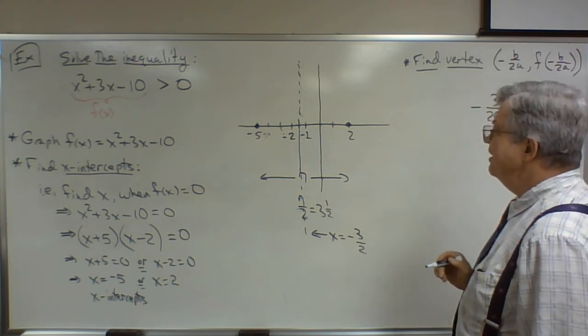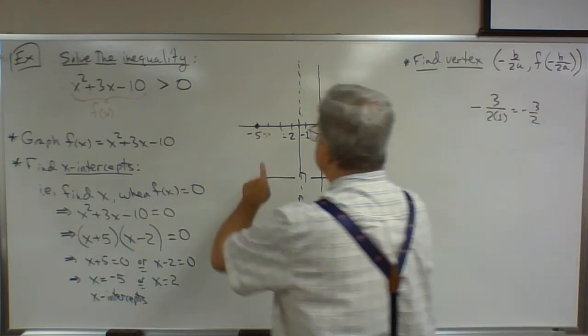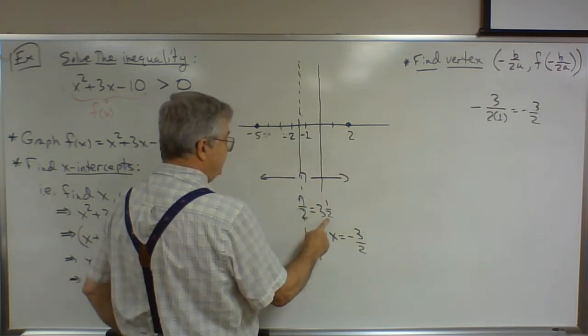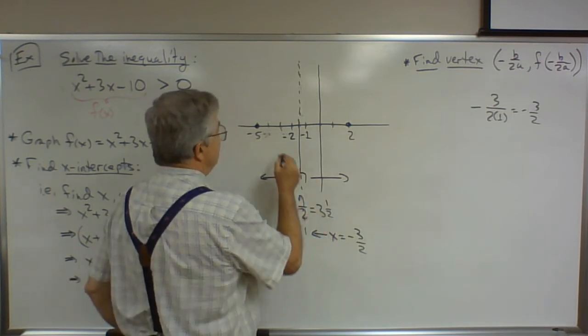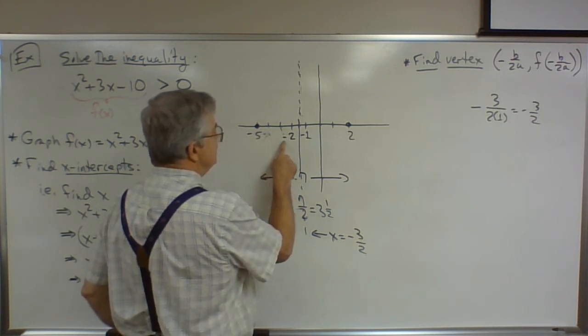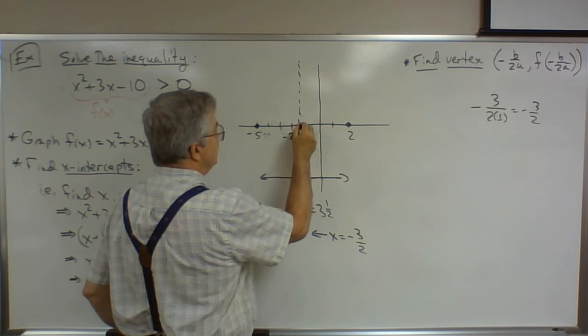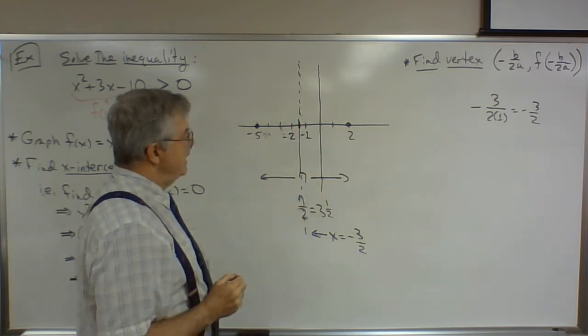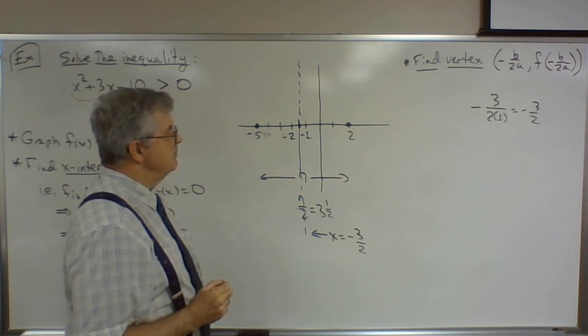We either said, you know what, we've got the 2 intercepts, and halfway in between, 3 1/2 units, 1, 2, 3 1/2, right here. That's at negative 3 halves. We have the axis of symmetry.